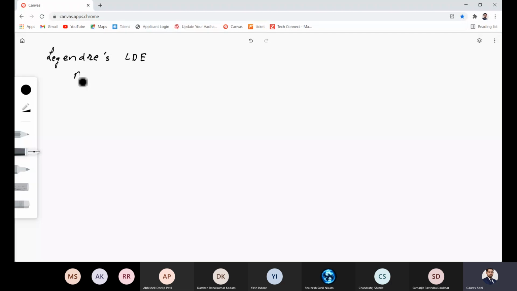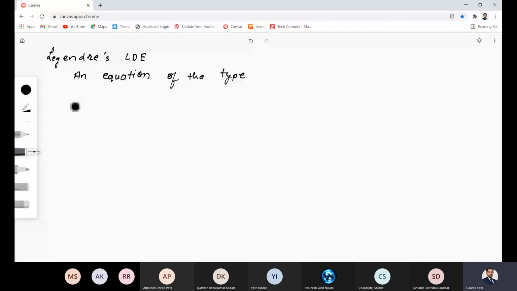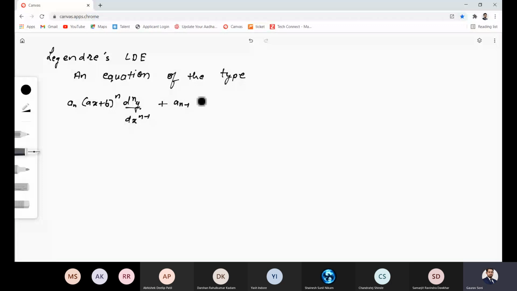So an equation of the type (ax plus b) raised to n d^n y by dx^n plus a_(n-1) (ax plus b) raised to n minus 1 d^(n-1) y by dx^(n-1).